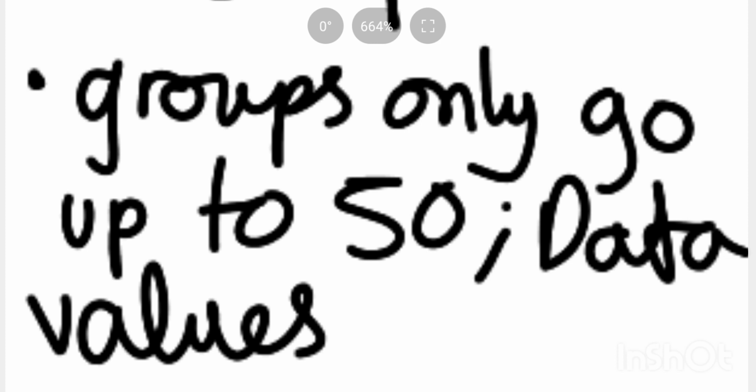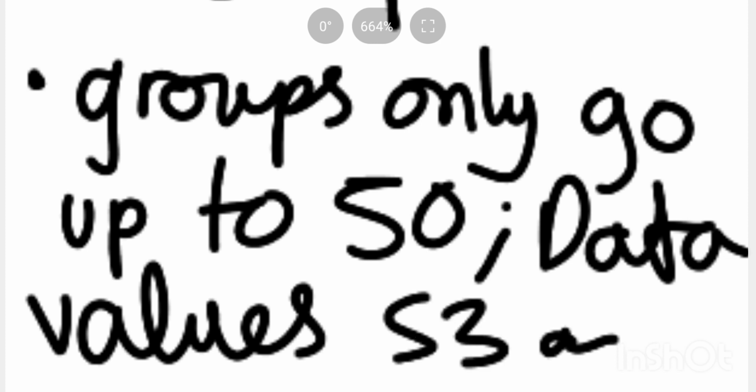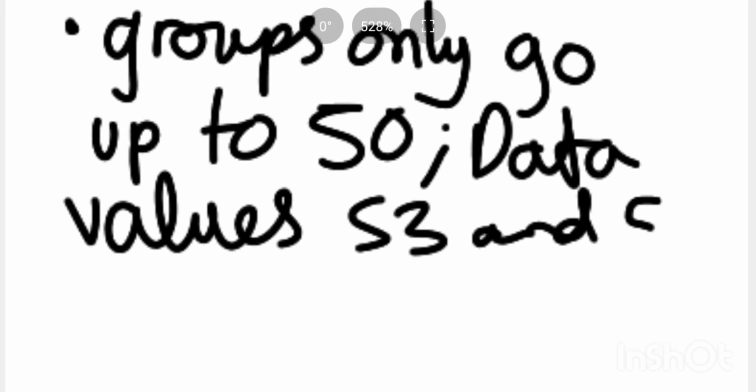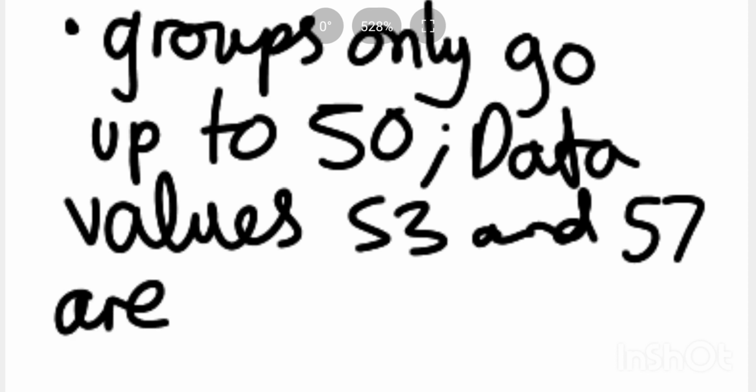So the groups only go up to 50. So that means that the data values 53 and 57 are unplaced.